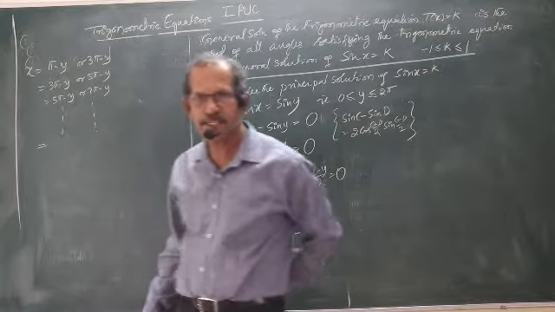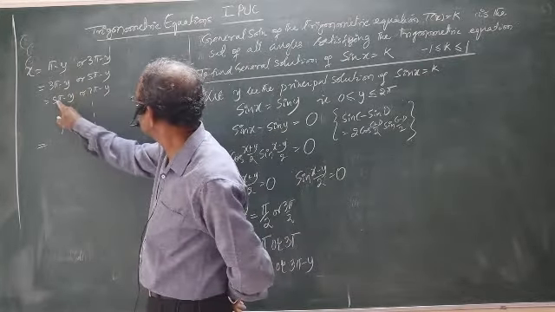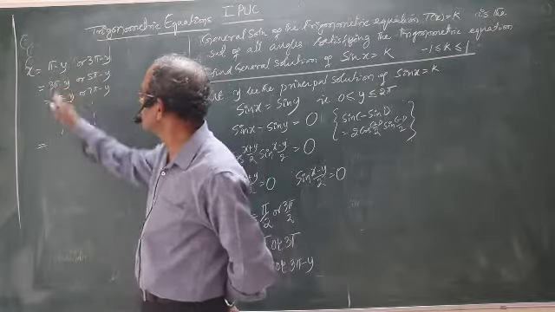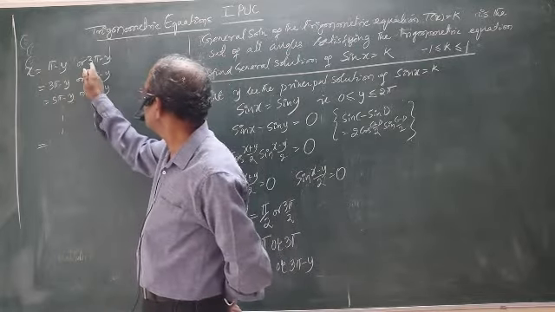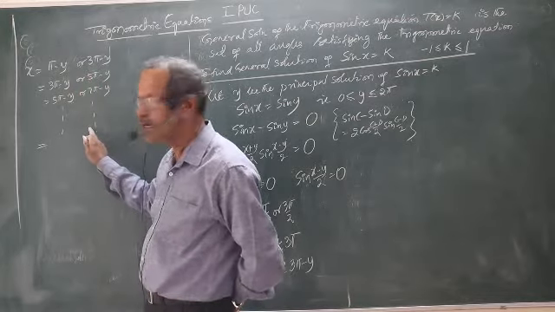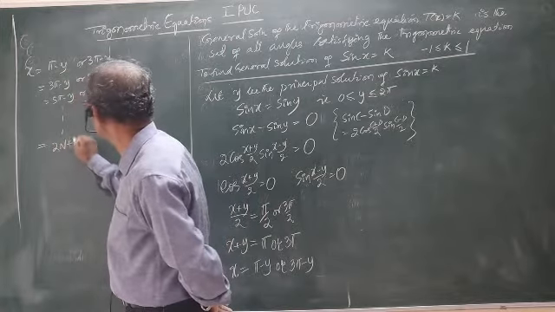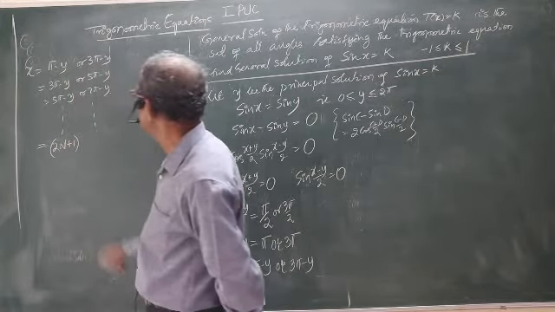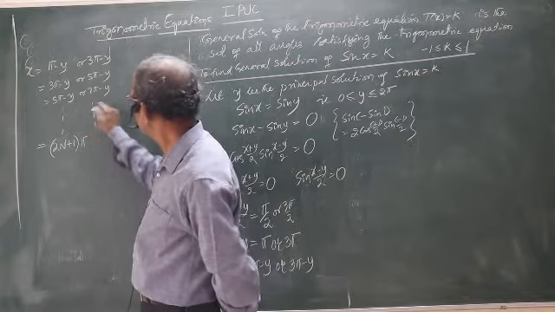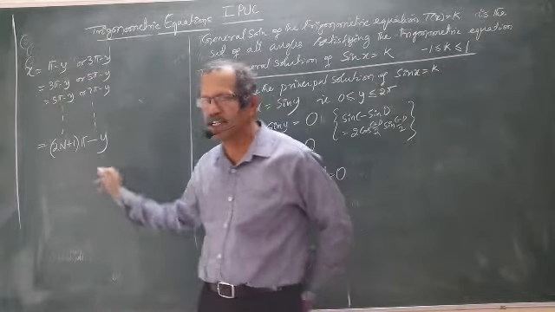All odd numbers. Actually, you are getting the same. So total solution is pi, 3 pi, 5 pi, 7 pi, 9 pi, 11 pi. So I can write like this. It is 2n plus 1, odd number, pi minus y. Combining all these things, I can write like this.